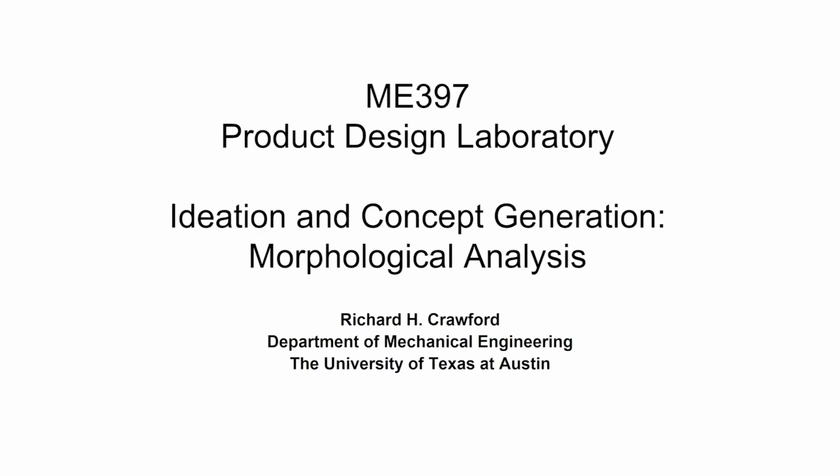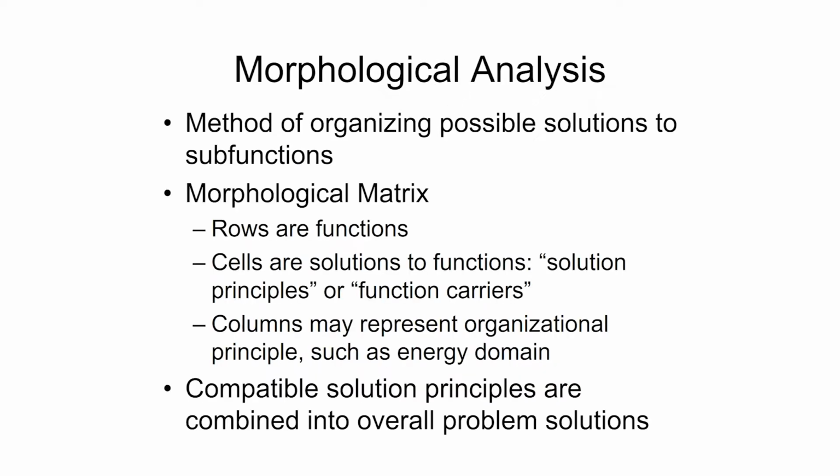In this segment, we study morphological analysis, which is another systematic way to develop concepts for solutions for a design problem. So it's a way to organize possible solutions to subfunctions to a problem, so it fits in well with functional modeling.